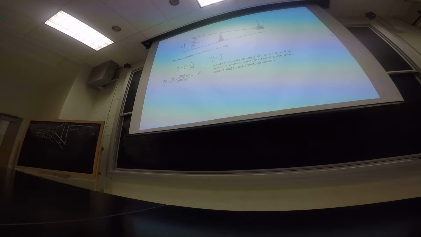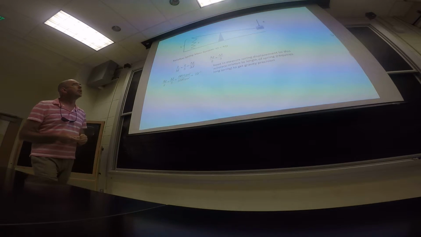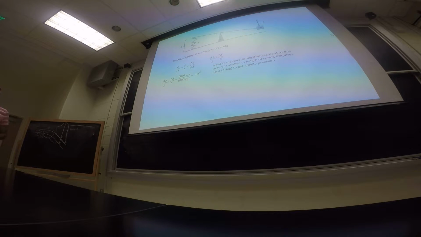Notice that in this case we need to measure the spring displacement in accuracy relative to the length of the spring. So we need a really long spring to get gravity precision. And you can't use a short spring with this kind of configuration.